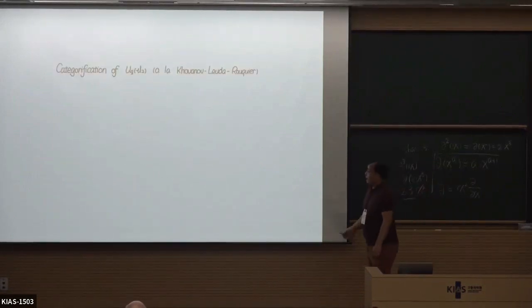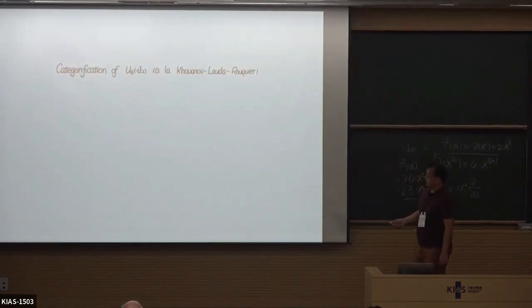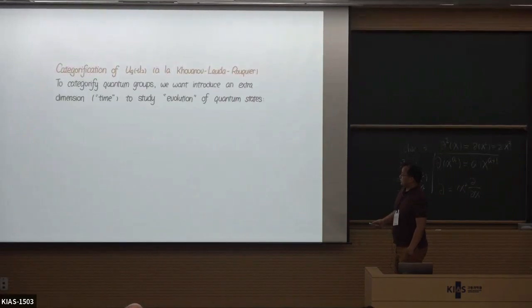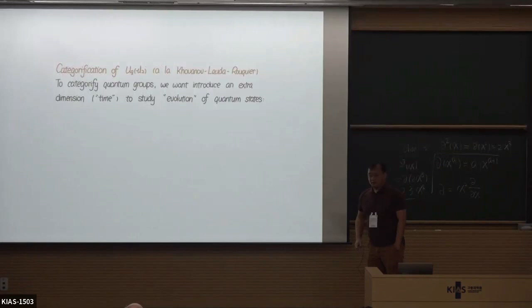All right, so how did this quantum algebra get categorified in the sense of Khovanov-Lauda and Rouquier? I'll give you a description of how this was done. To categorify quantum groups, as in the study of topological field theories, you want to introduce an extra dimension in the picture. That's the time evolution picture.